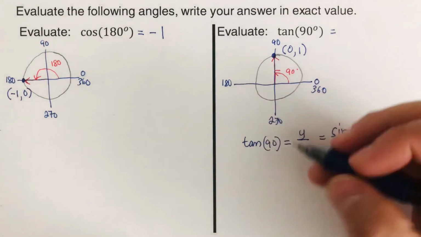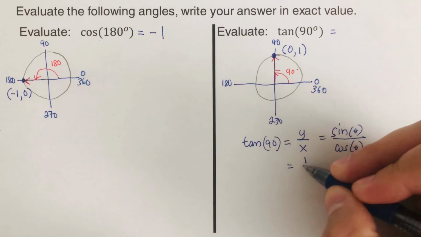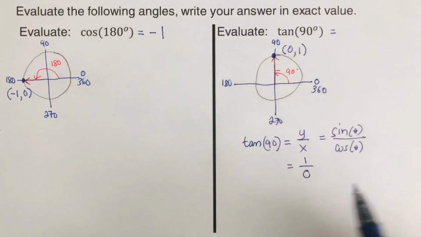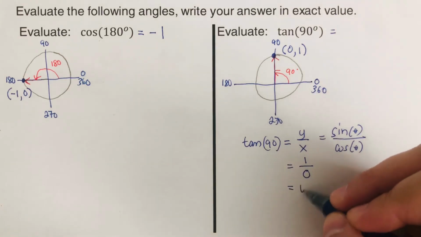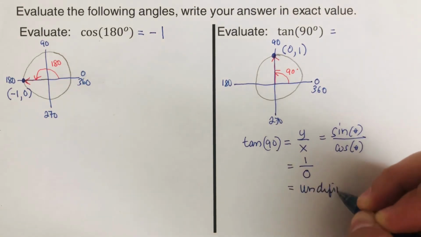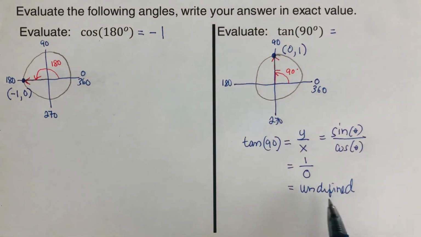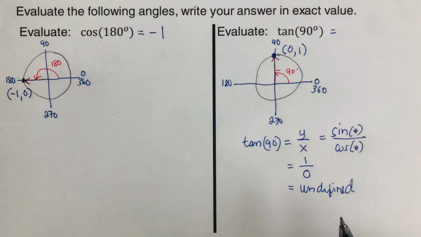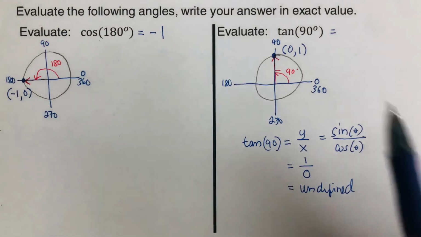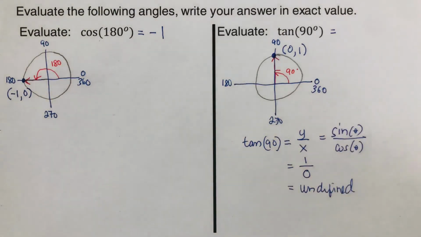Our y for this is 1 and our x is 0. Anything that is divided by 0 is undefined. So I go ahead and write this as undefined, which means that this is actually an asymptote. So on 90, there is actually an asymptote once we graph the tangent function. Did you get the same answer as this?